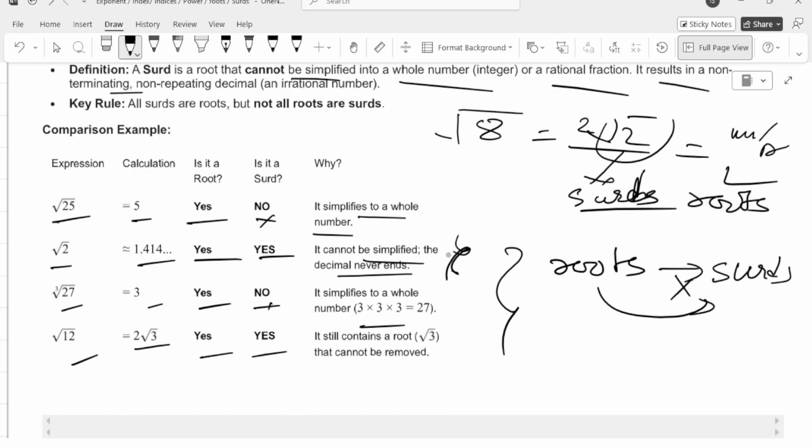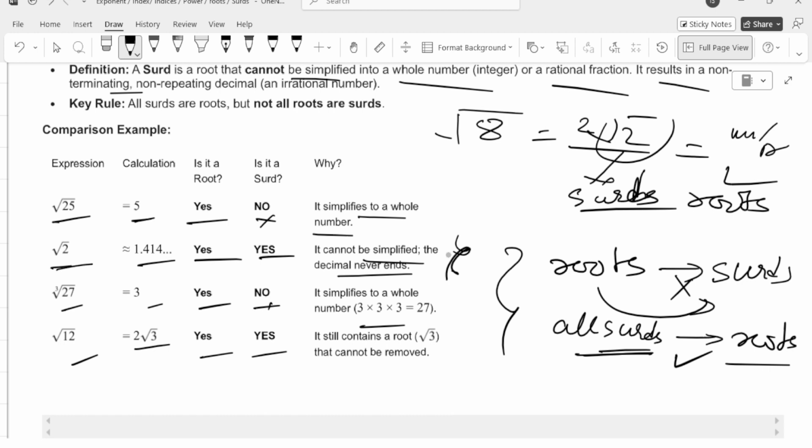Here's the example: root 25 is 5, and it is root form, yes, and surd form, no. And all surds are root form. Try to understand what I am trying to say: all surds are roots.